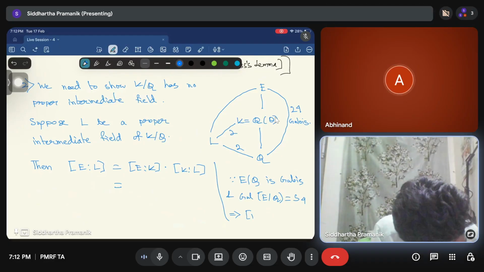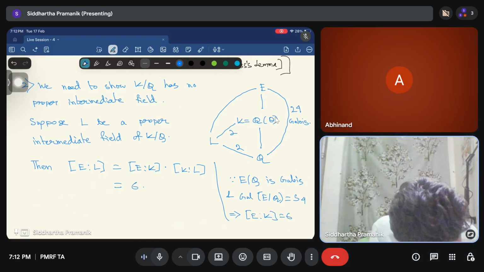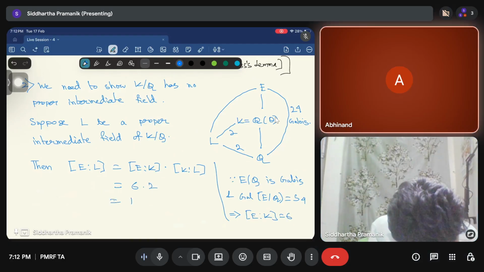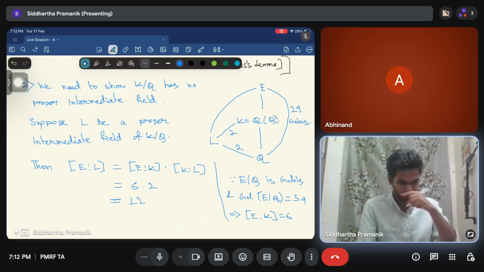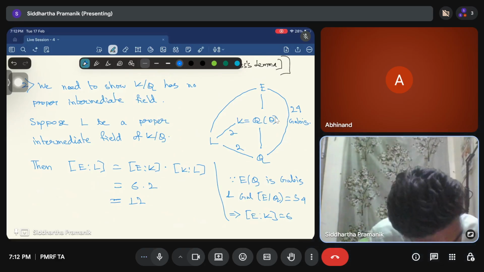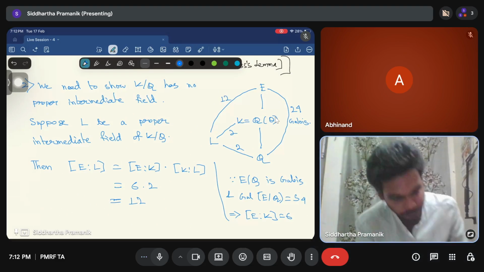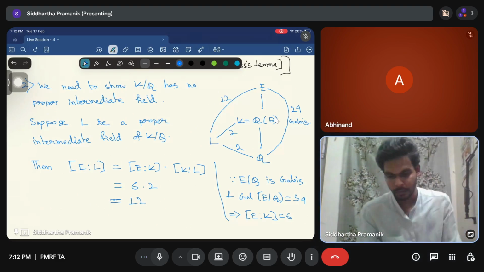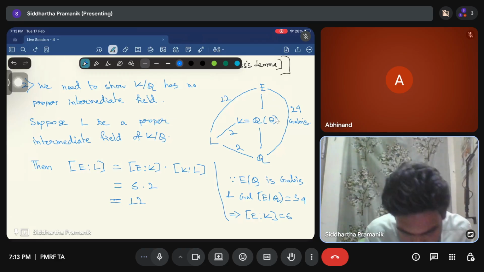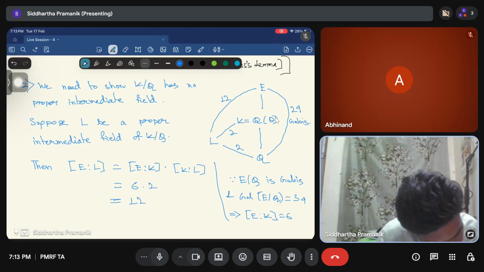So E over K is 6 and K over L is 2. This is 12. It is 4 and it is 6.